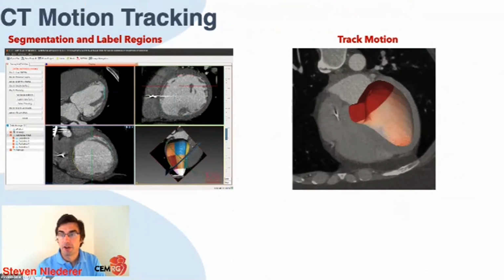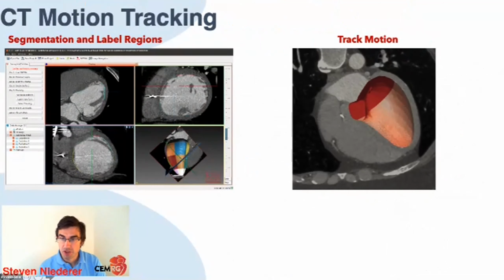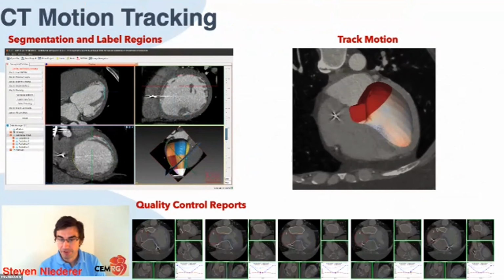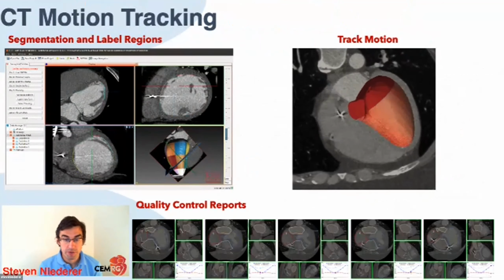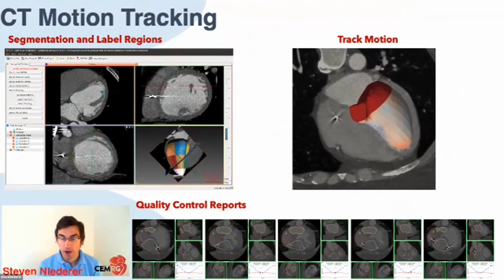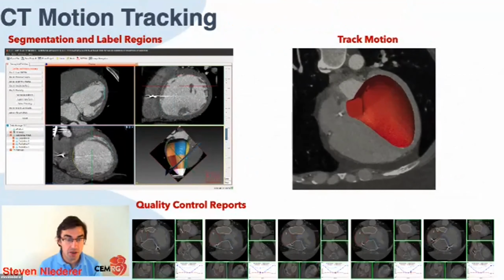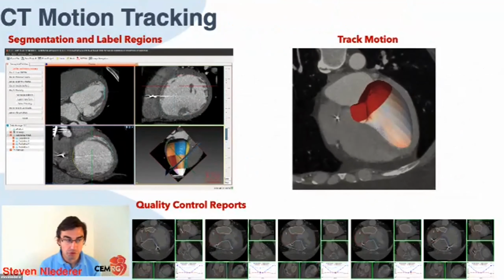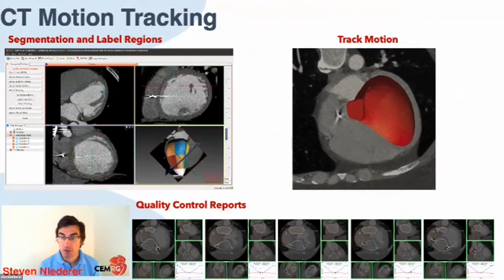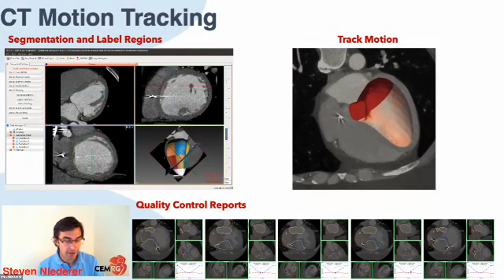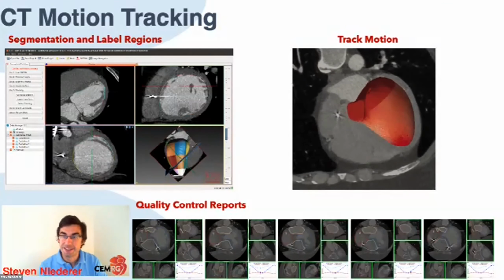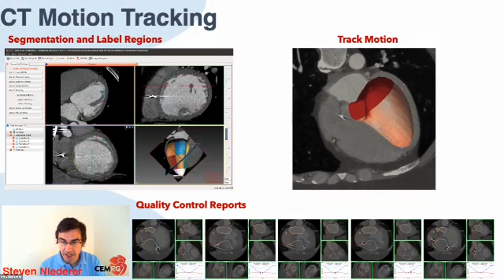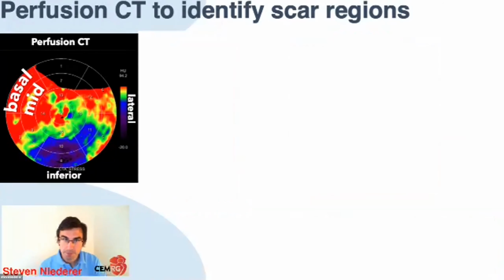And so we can track the motion of the heart for each of these patients and generate endocardial strain maps. We also have quality control reports for these cases where we can show frame by frame for the CT the location of all the different walls of different chambers to make sure that they're appropriately tracking the image, which we found to be easier to do in a static image, as opposed to doing it in a movie.